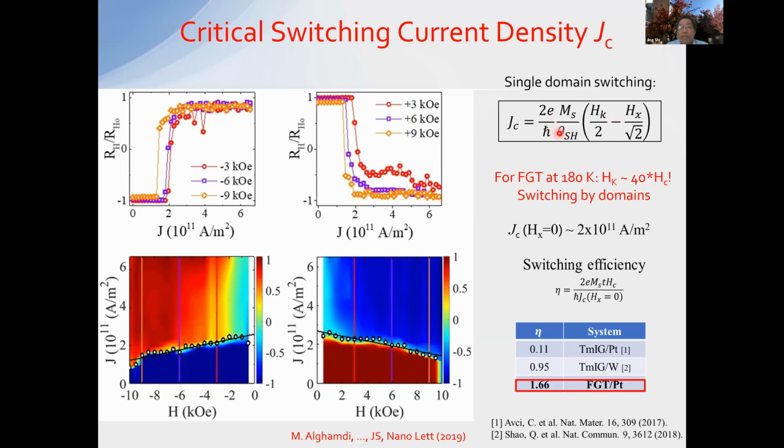So from this critical current, we can get some parameter here, but this should not be exactly the spin-orbit torque efficiency. Nevertheless, we listed this efficiency here.